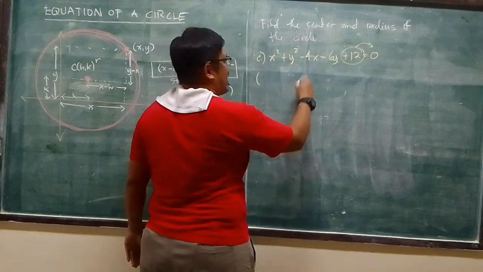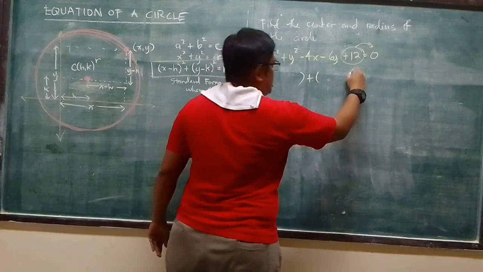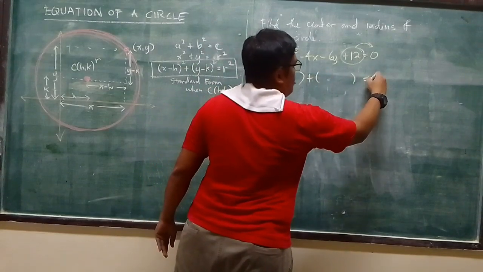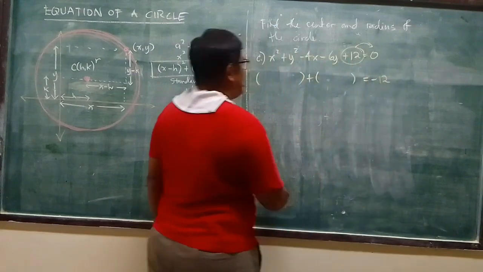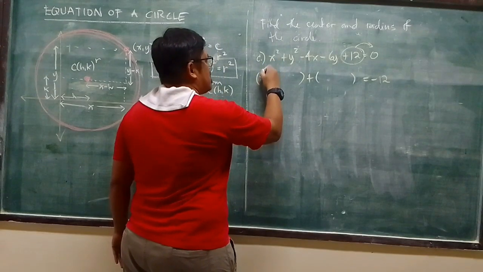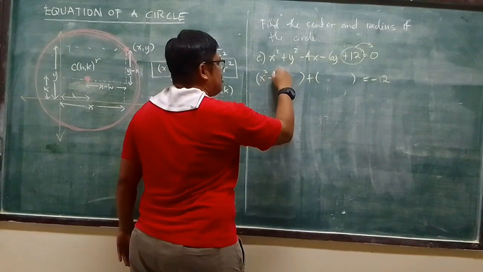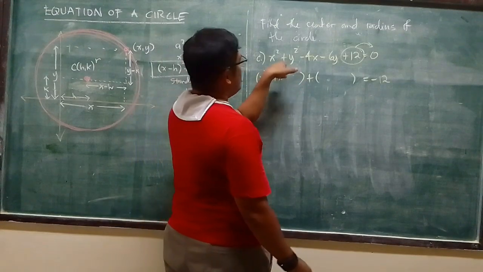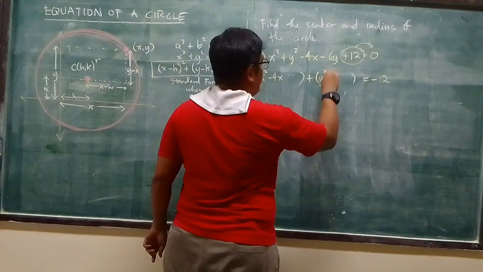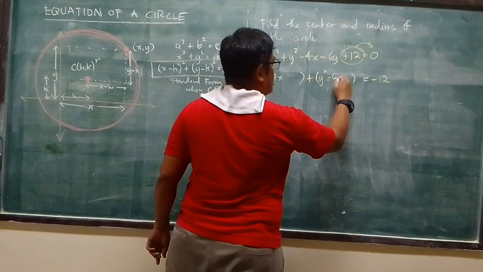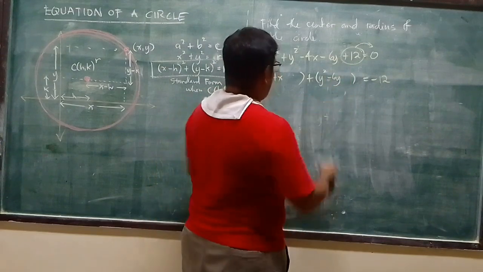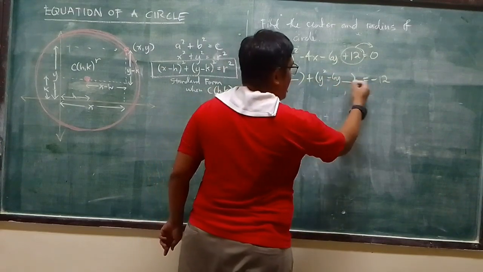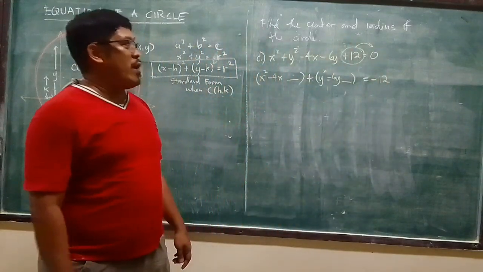So, gagawa tayo ng dalawang parentheses dito. Ito, negative 12 na yan sa kabilang side. So, you should have now x squared minus 4x sa x. Okay? Sa y naman, y squared minus 6y. Tapos, blanko equals negative 12.